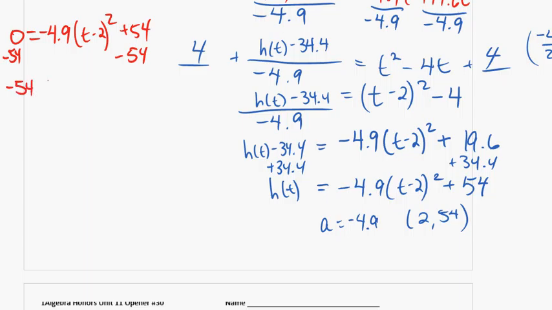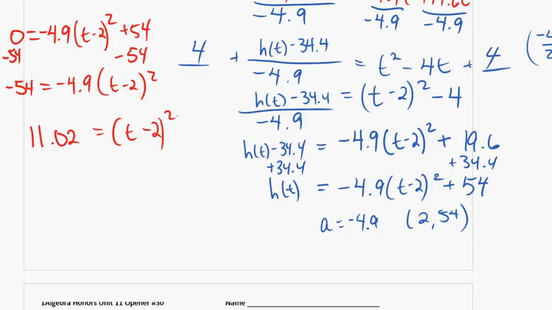Negative 54 equals negative 4.9 t minus 2 squared. So I'm going to take negative 54 and divide it by negative 4.9, and I get 11.02 equals t minus 2 squared.